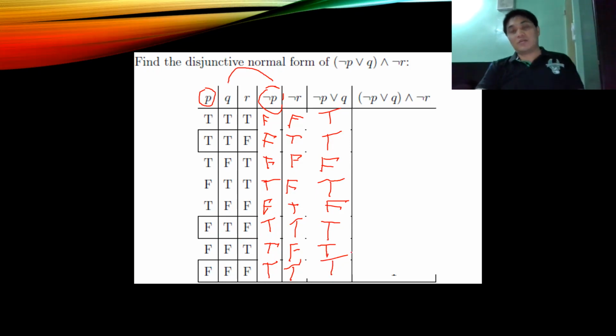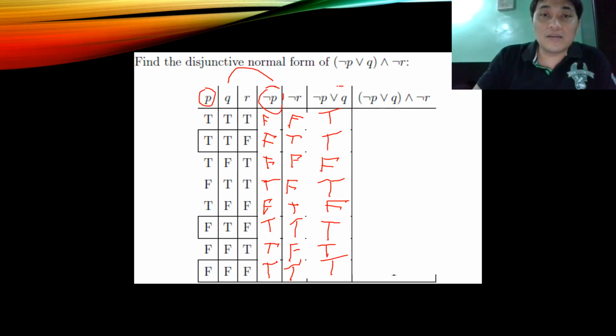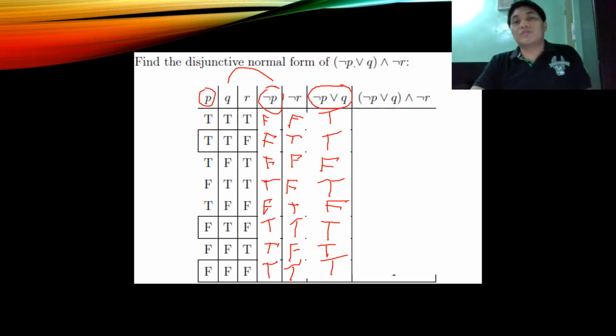So in our next equation, the negation of P logically or Q, in parentheses, logically and the negation of R, let us solve with this statement.